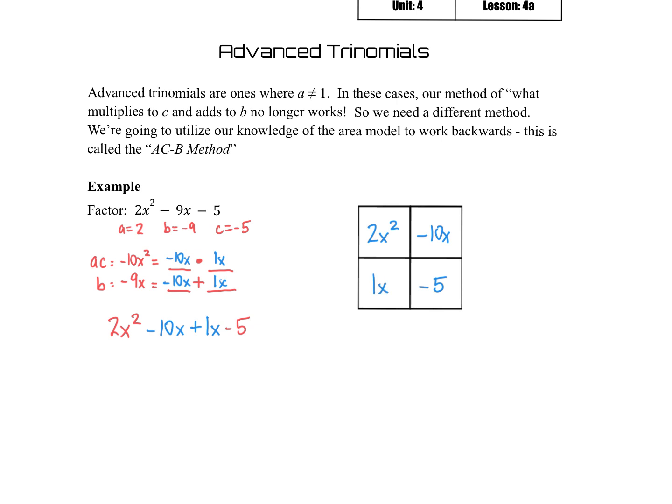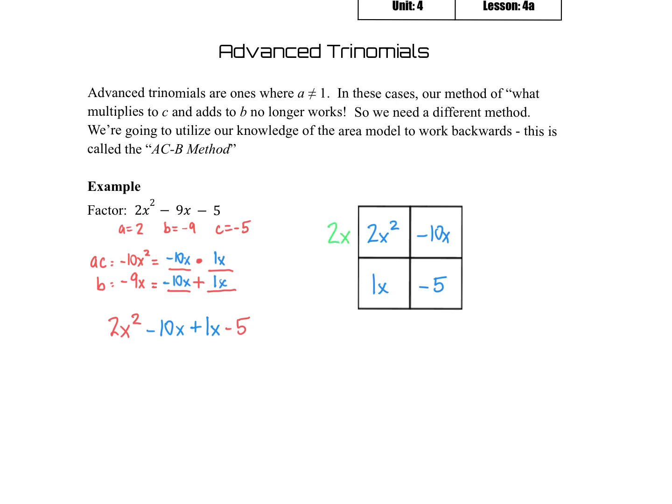Okay, now my job is to fill in the outside of the box. For one row, just to get us started, we're going to take the greatest common factor of this row right here. So the greatest common factor of 2x squared and -10x is 2x.